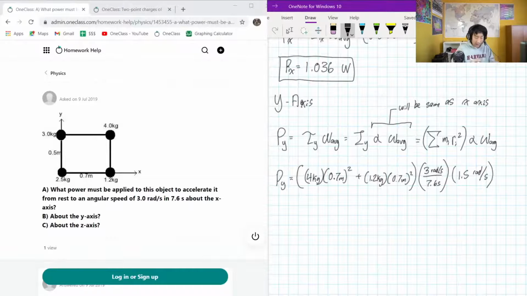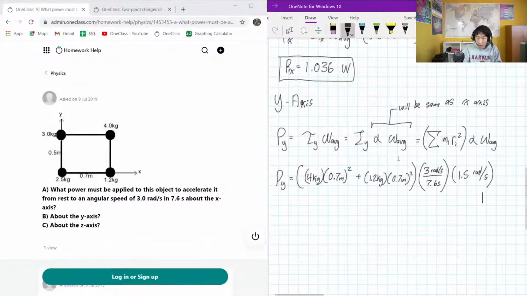Okay, let's ask our handy dandy calculator to figure this out for us. So we've got 4 times 0.7 squared plus 1.2 times 0.7 squared, close that bracket, times 3 over 7.6 times 1.5.